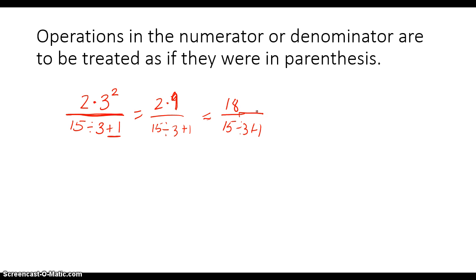Now I can go through and evaluate my denominator. 15 divided by 3, because division comes before addition, is 5. And 5 plus 1 is 6. So now I can do my division. And I know that 18 divided by 6 equals 3.